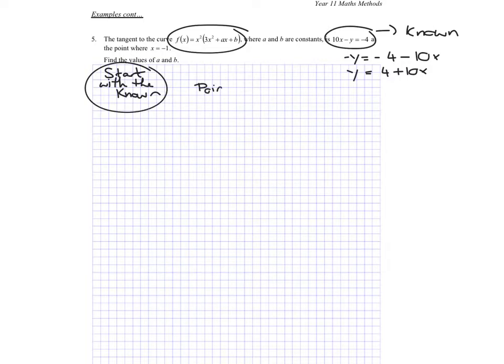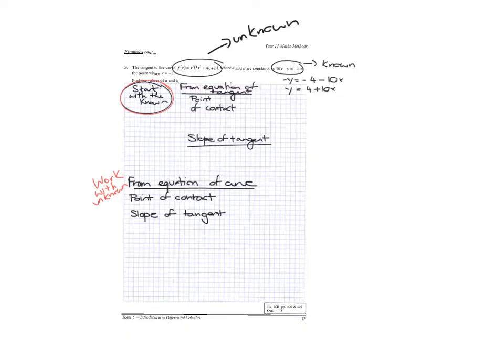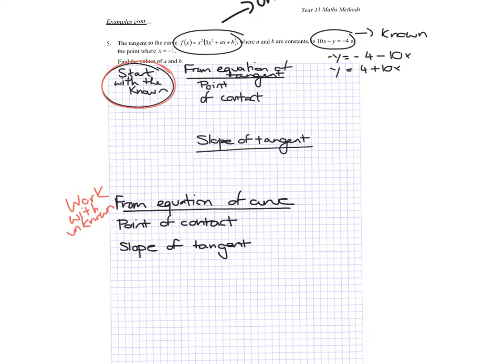But what we're basically doing here is starting with the known, and then we're going to work with the unknown. We're first going to find the point of contact and the slope of the tangent with the known facts. Then we'll find the point of contact and slope of the tangent with the unknown.